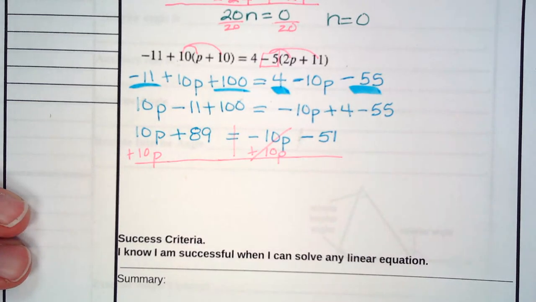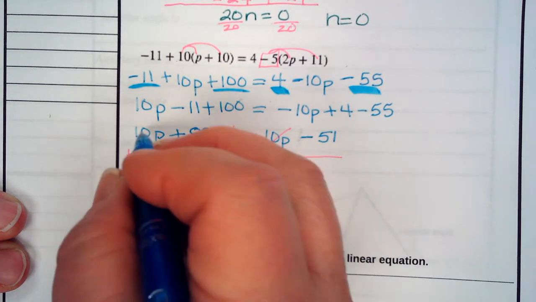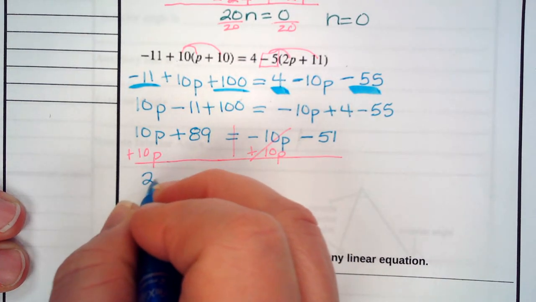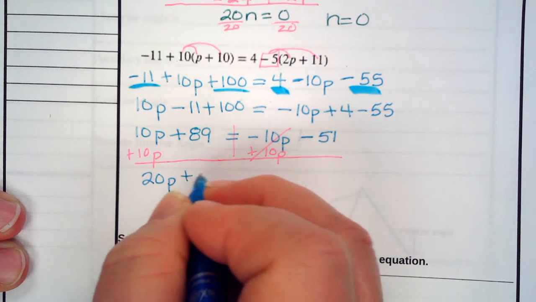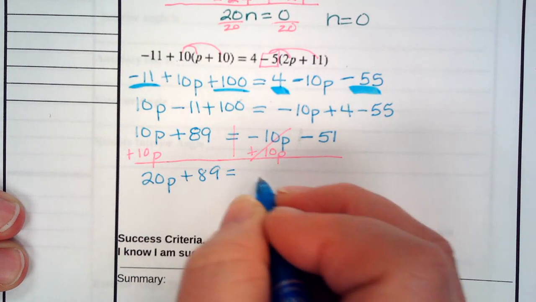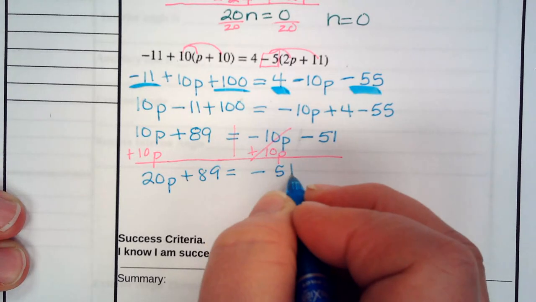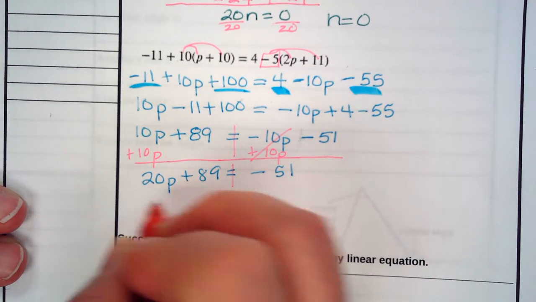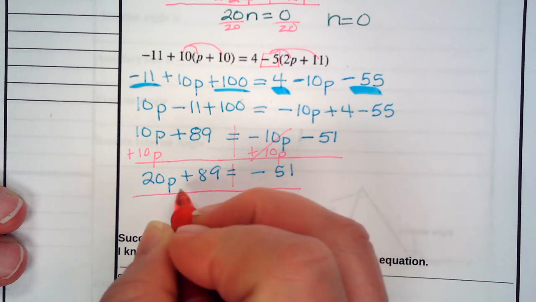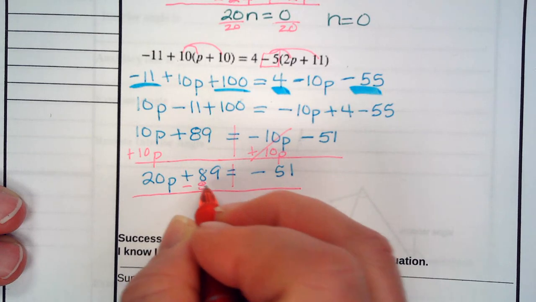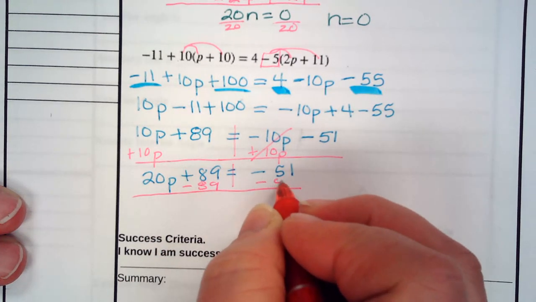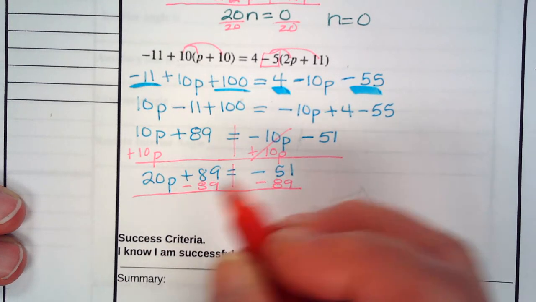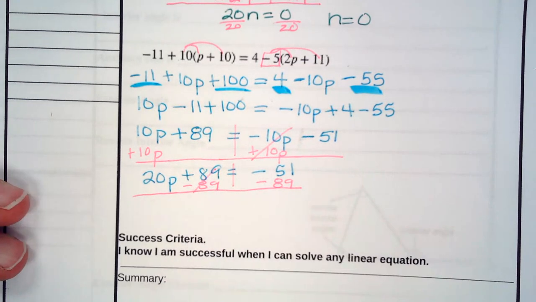I've eliminated it. 10p plus 10p, 20p, plus 89 is equal to negative 51. Next step. Subtract 89 from both sides. I've eliminated it here.